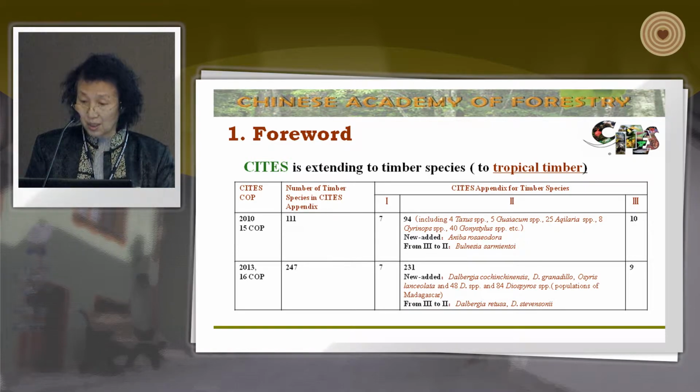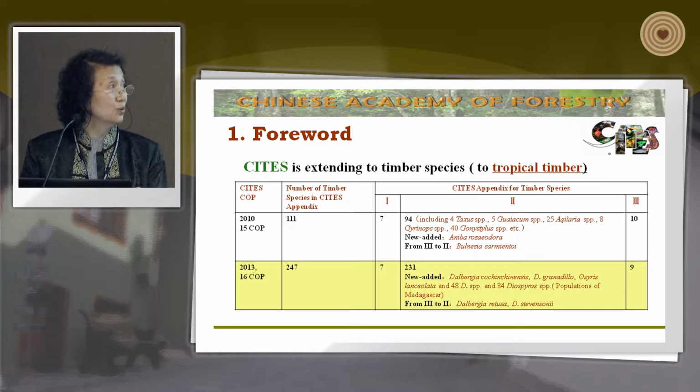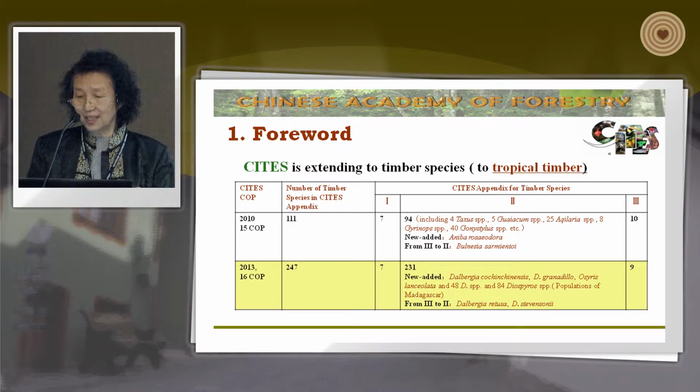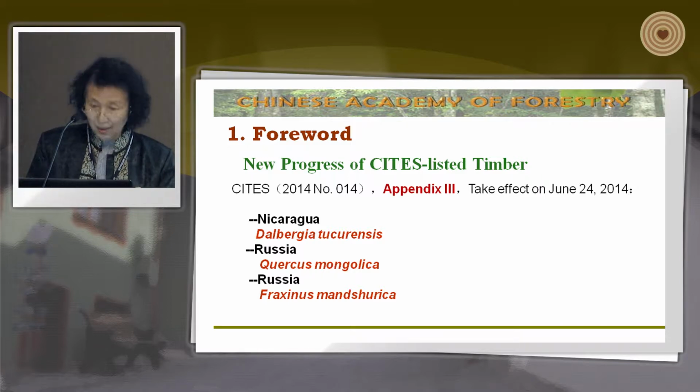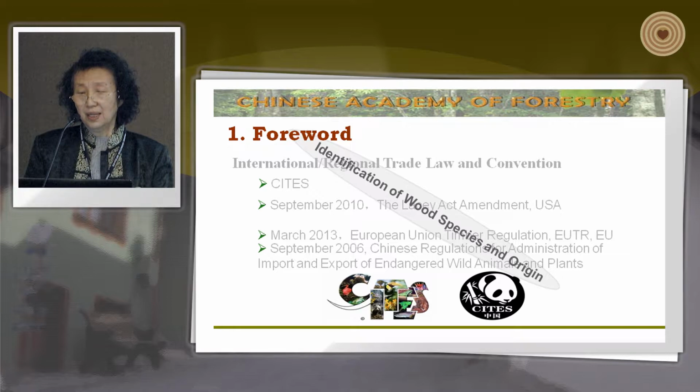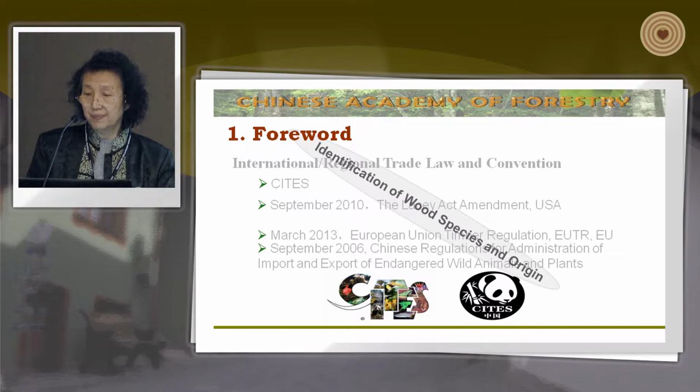But by 2013 it is increasing too fast. The number is 2,048. New progress of CITES listing timber also added 3 species provided by 2 countries. So identification of wood species and origin is very important.